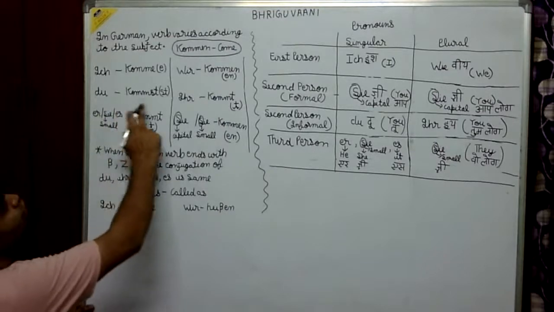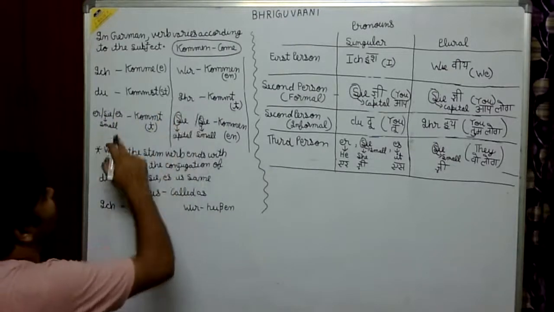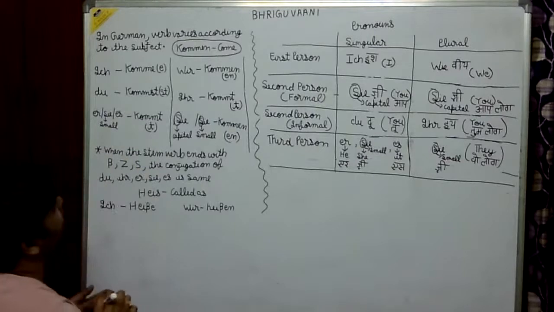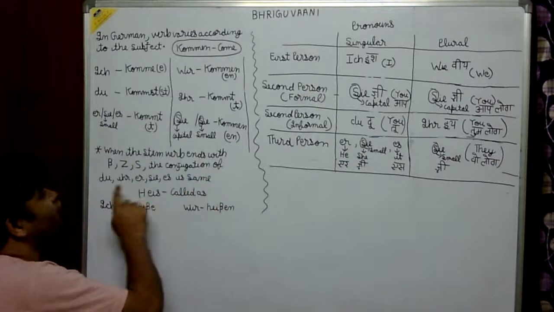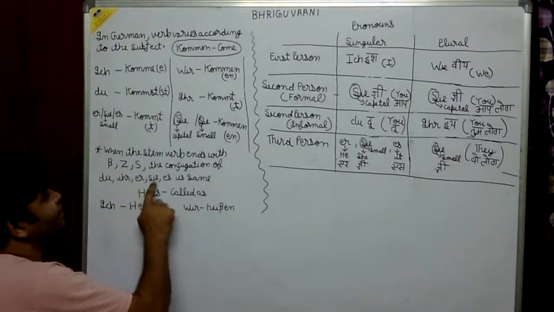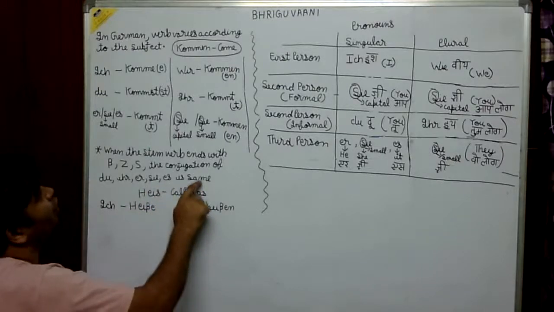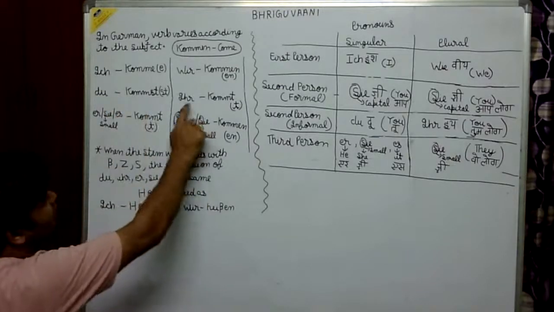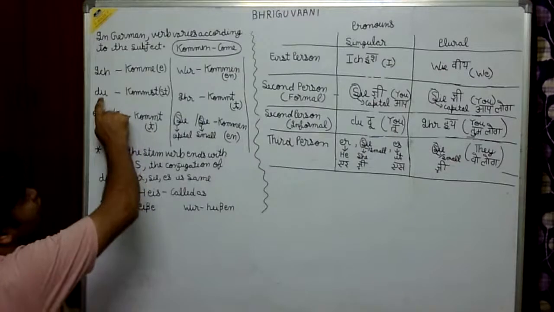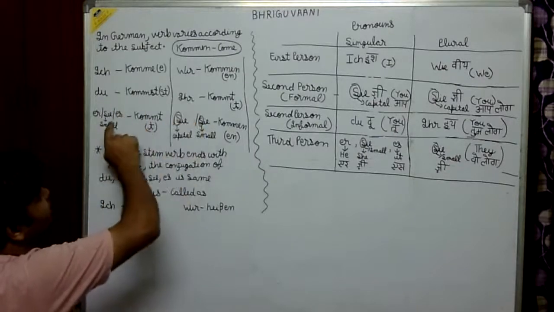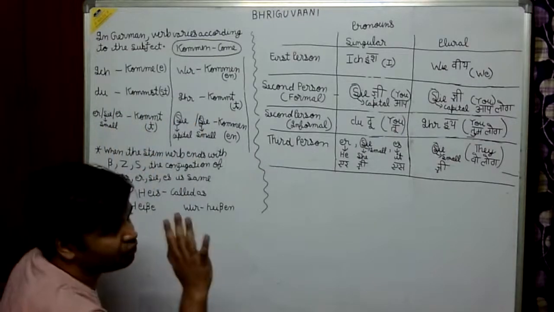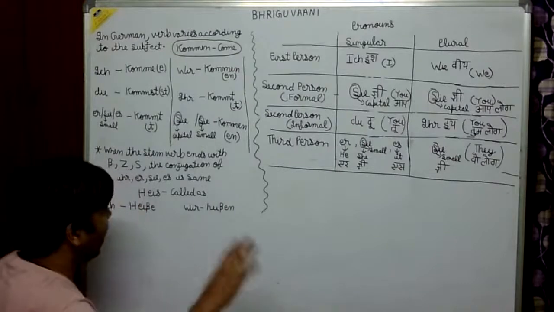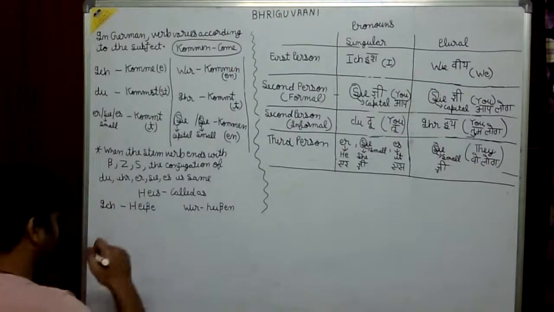Now, du, er, sie, es. Look here, I have written the conjugation of du, er, sie, es is the same. So for du, er, sie, es, we have to use the same verb. Look, what would that verb be?